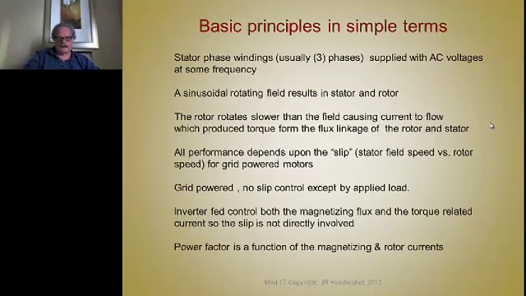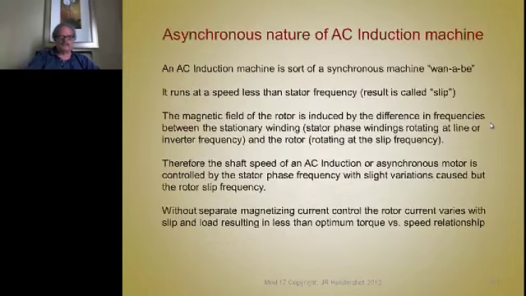That's how you control it, by deciding what the slip should be, which determines how much torque you're going to produce, and then you keep that slip constant throughout the speed operating range that you wish that torque to be constant. So the power factor is a function of the relationship between the magnetizing current and the rotor producing current. That's what the power factor becomes in an induction machine.